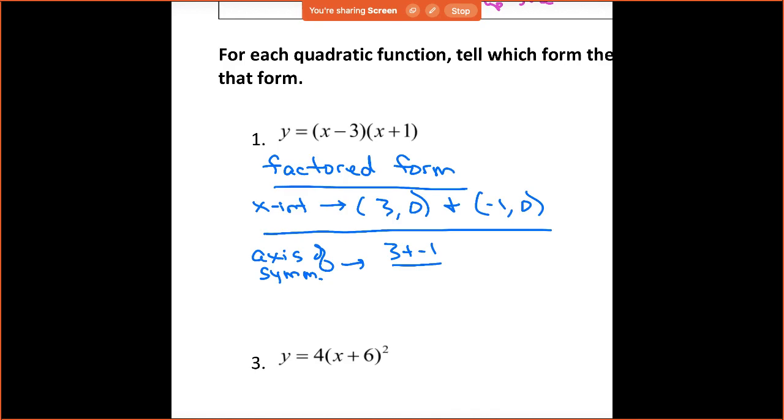So I'm going to add the two together and divide by 2, just like if you average anything. So 3 plus -1 is 2, divided by 2 would be 1. And that's x equals 1. So when x equals 1, that's going to be the imaginary line that you can fold on the graph, and your left side would match perfectly up with your right side.